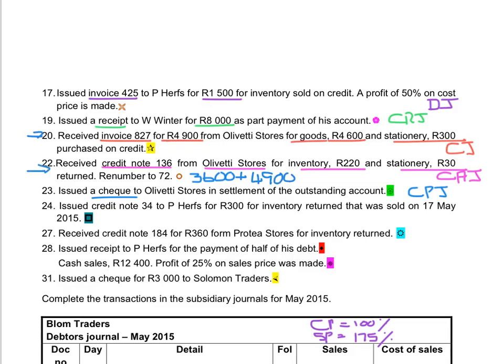And then on the 22nd, there was a credit note for 220 that will decrease the amount that we owe them. So on the 23rd, I must determine what is the total outstanding amount, taking all the transactions from the 1st up to the 22nd into account to determine how much money we will pay.